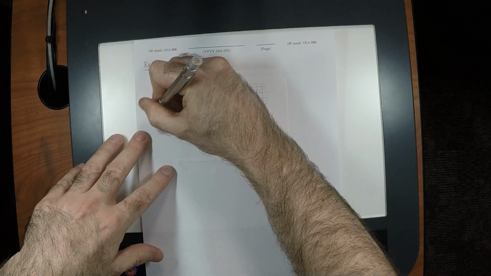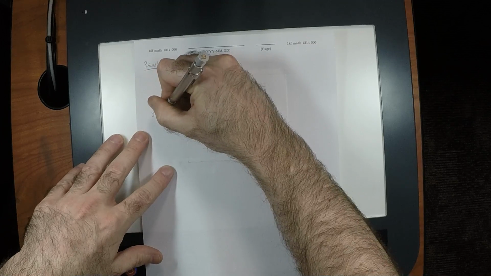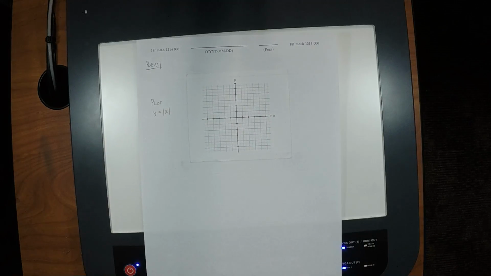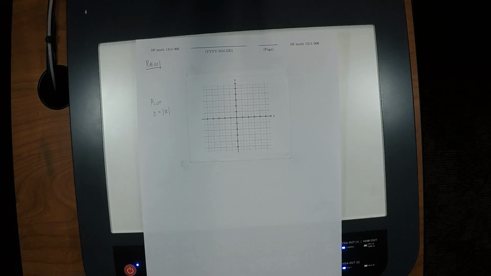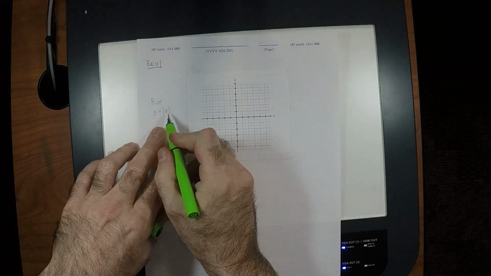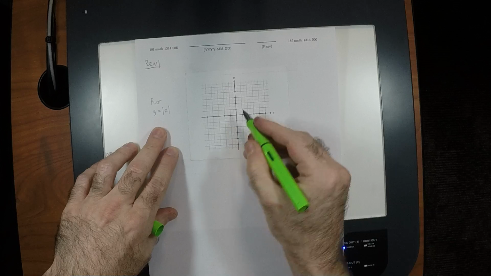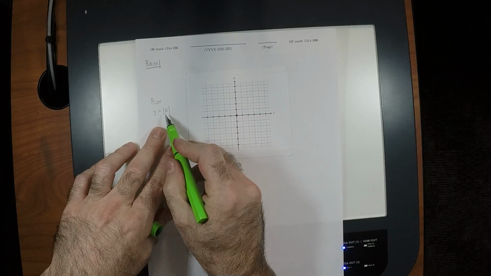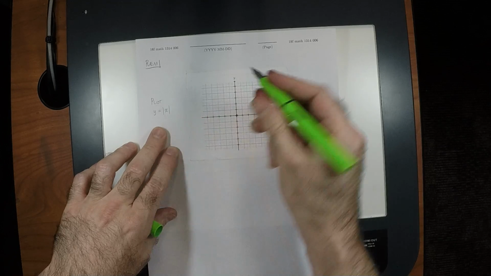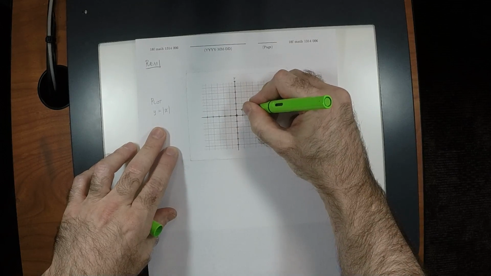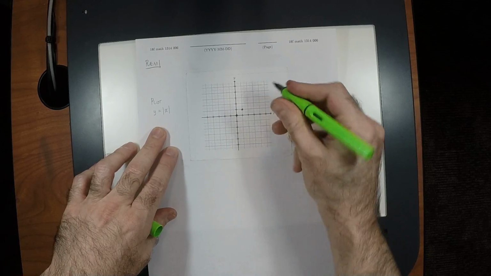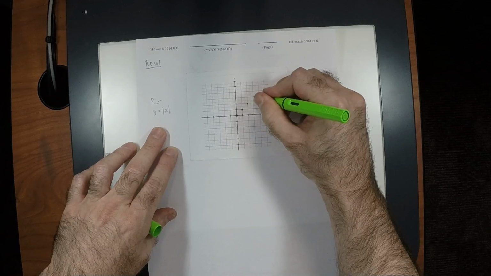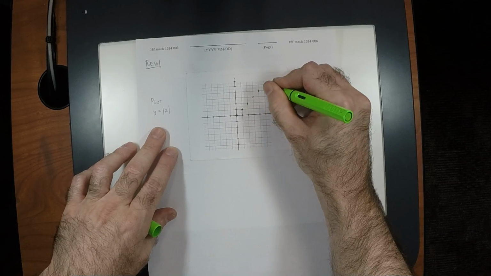So we're going to plot y is absolute value of x. So if x is 0, then what's y? 0. And what's the absolute value of 1? 1. So 1, 1 is on there. Absolute value of 2? 2, right, etc. And these just keep going up like that.